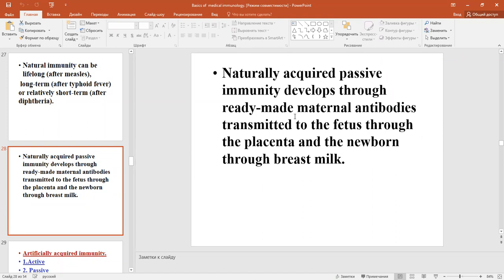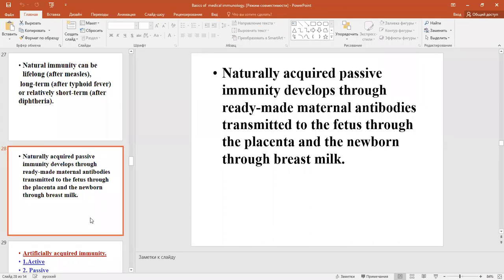It's not activated, okay? And antibodies are not able to circulate during the life of this newborn. They have a lifetime, and just during the first few months of life the newborn is protected by the action of maternal antibodies, and then they are destroyed.